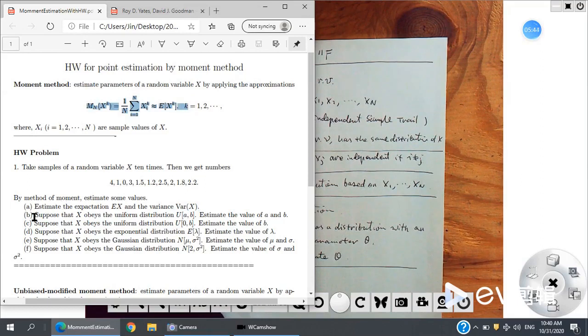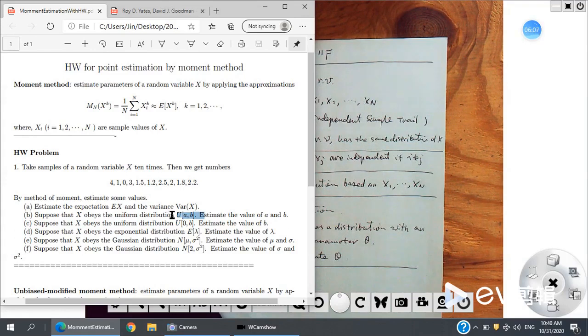All right. And the second one, we suppose X obeys a uniform distribution. So this time is different from A. In A, we do not know anything about X. We just want to find the mean and variance. Second one, we know something. X obeys a uniform distribution.